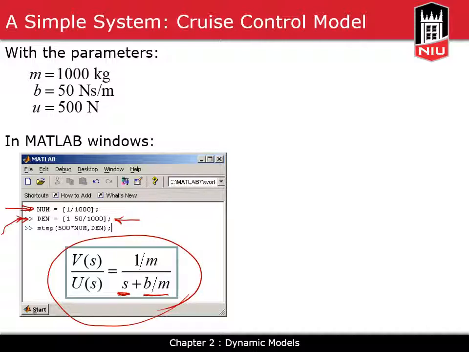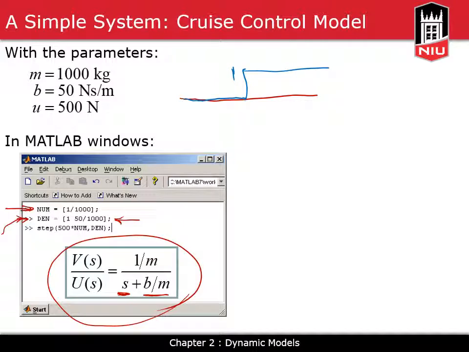Next, we can use the step function. This is one of the simplest functions that you will start to work with. You know what the step function is, right? The step function is a function that is 0 before time 0 and then jumps to a specific value and stays there.